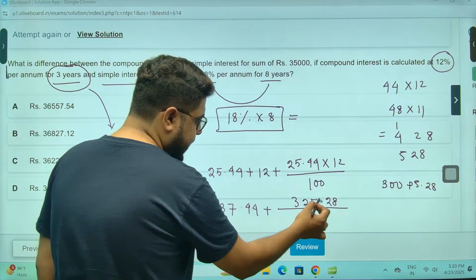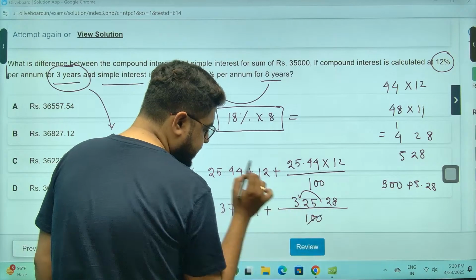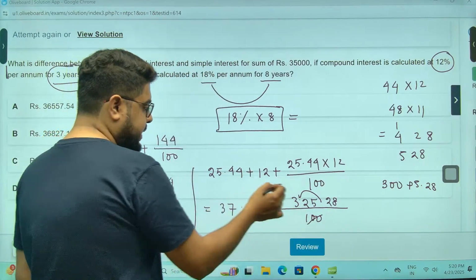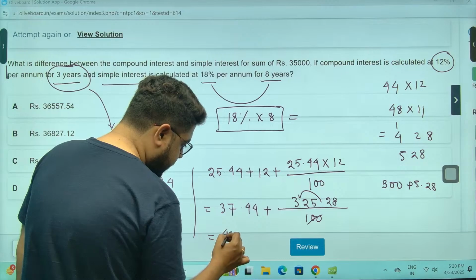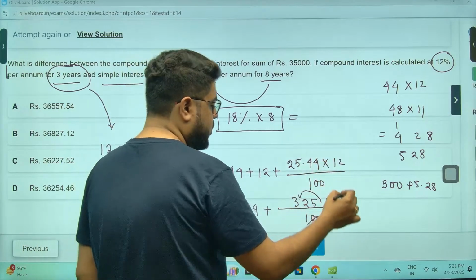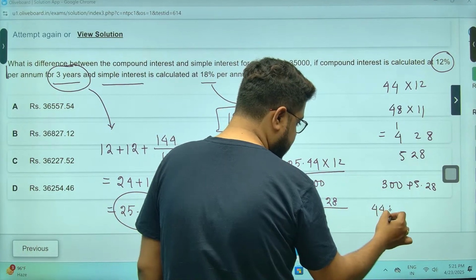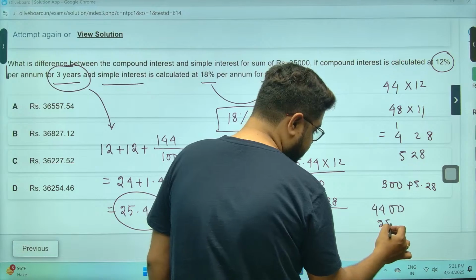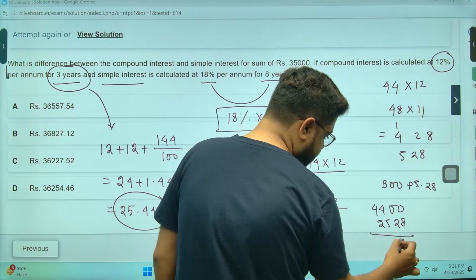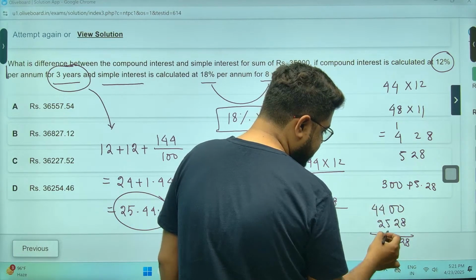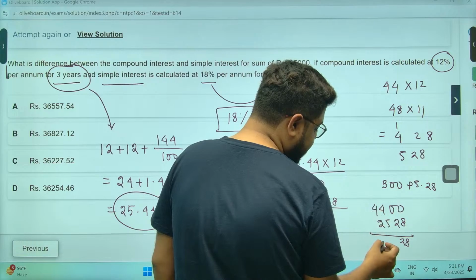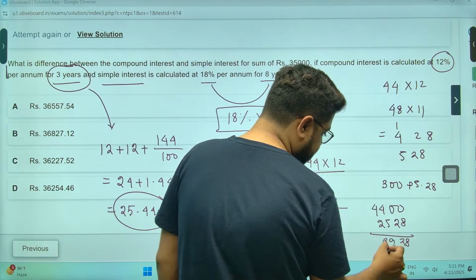So if you take this, it will come here. 37 and 3 makes 40. 0.44. Sir, 45 and 25 is 70, 69.